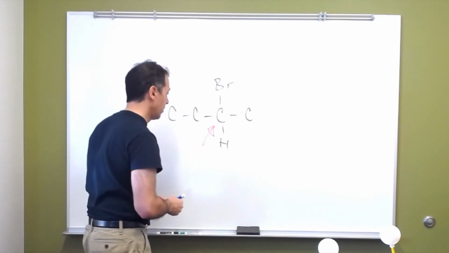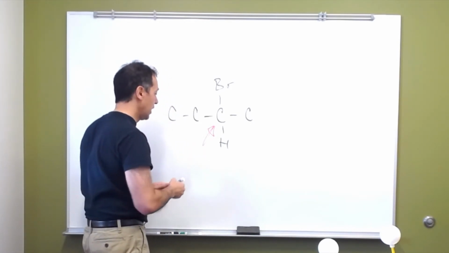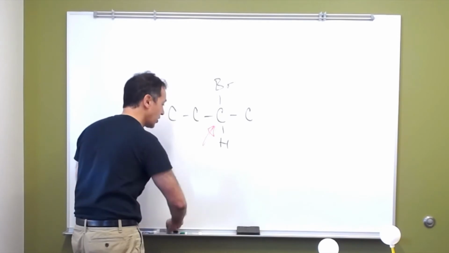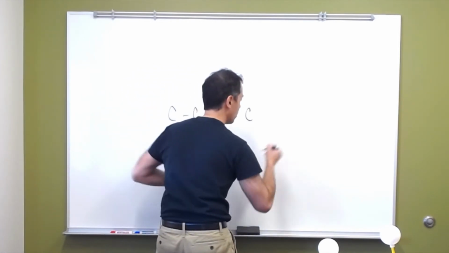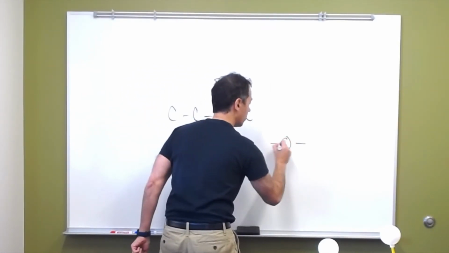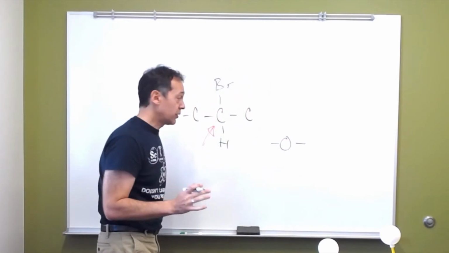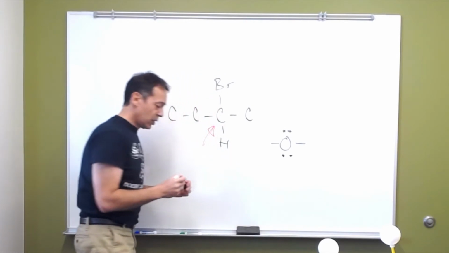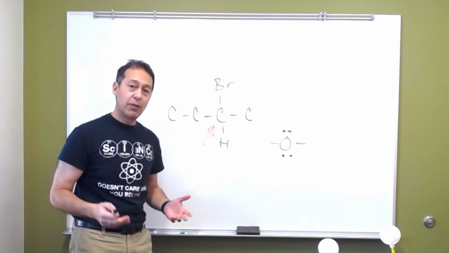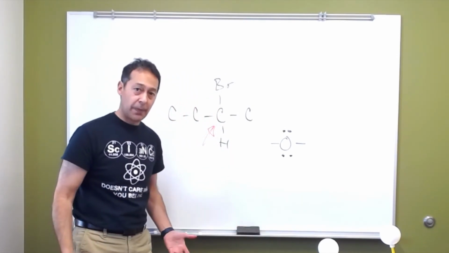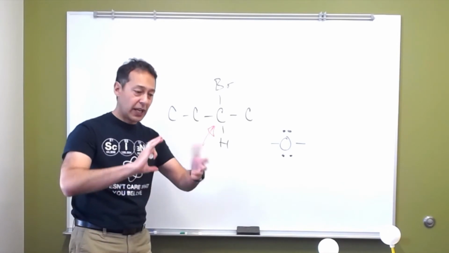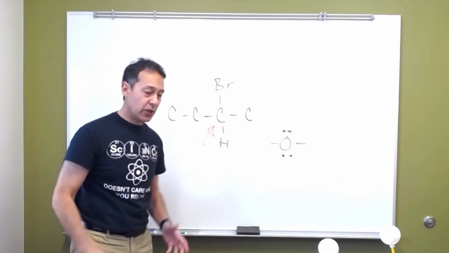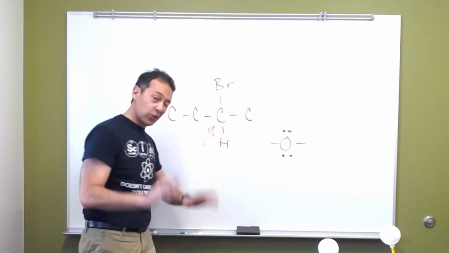So then what if we take a look at, say, an oxygen atom? Oxygen atoms like to form two covalent bonds, and then they have a couple of lone pairs like this. So the question is, could an oxygen atom be a chiral center? In other words, could that be the source of a mirror image or two different molecules that look similar but are different?